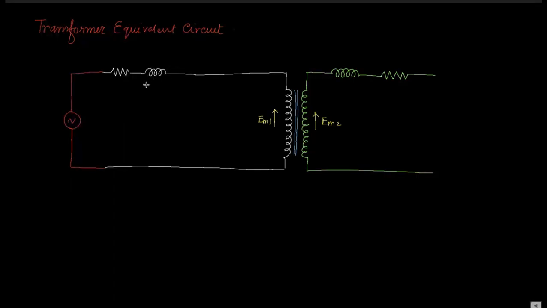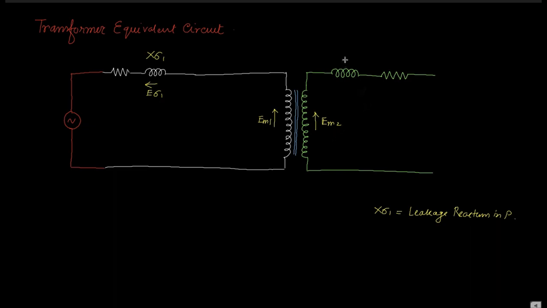This is E sigma 1. And if you represent this coil, that is an inductor that has some reactance, that is denoted by X sigma 1, the leakage reactance in the primary side. X sigma 1 is the leakage reactance in the primary side.